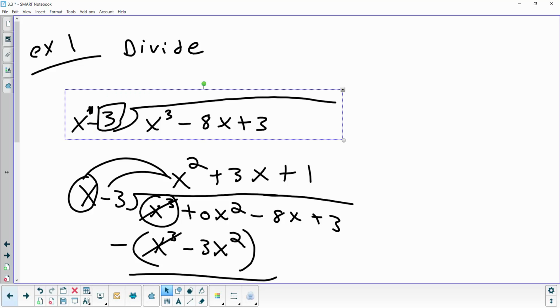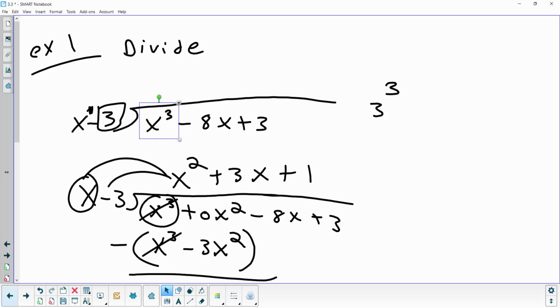So let's fill 3 in for x and watch what happens. 3 cubed minus 8 times 3 plus 3. What's 3 to the third power? 3 times 3 times 3. Yep. 27.